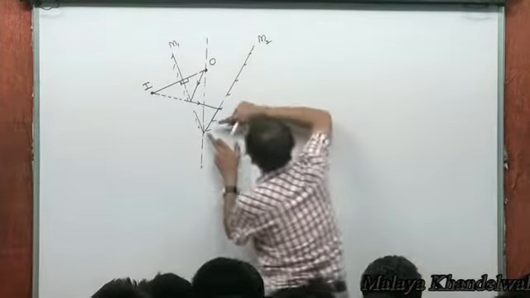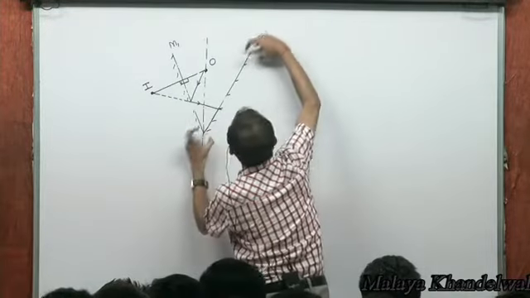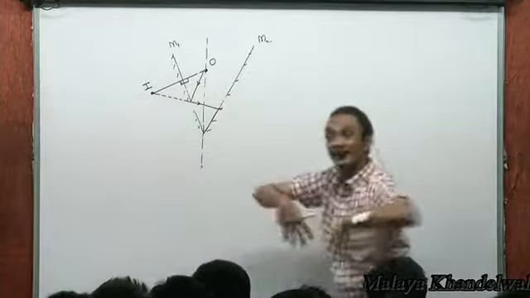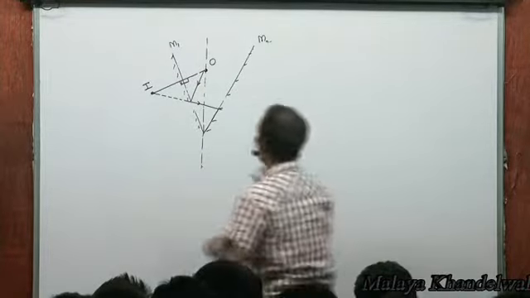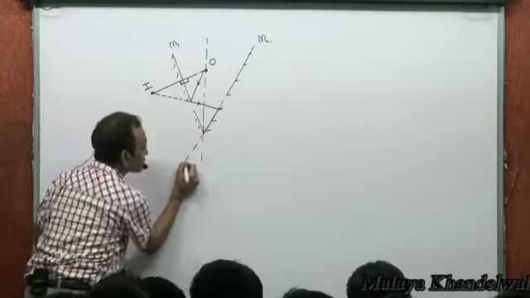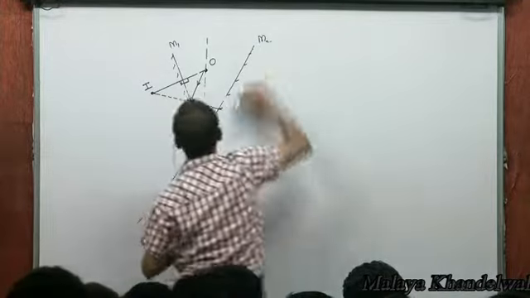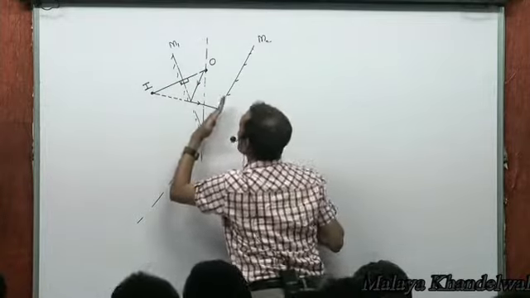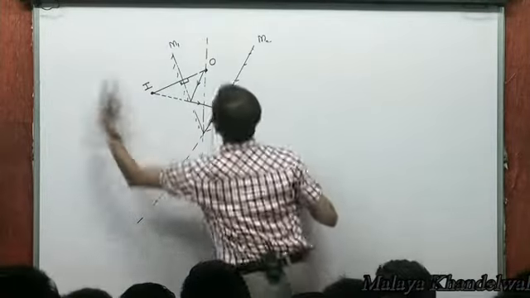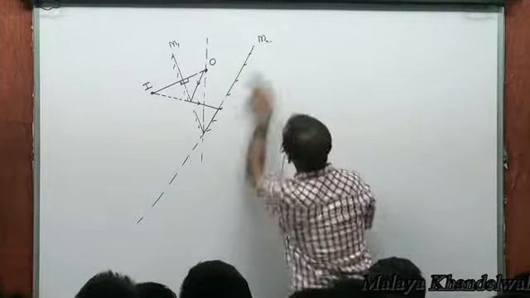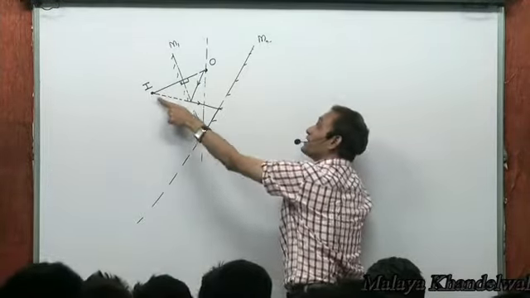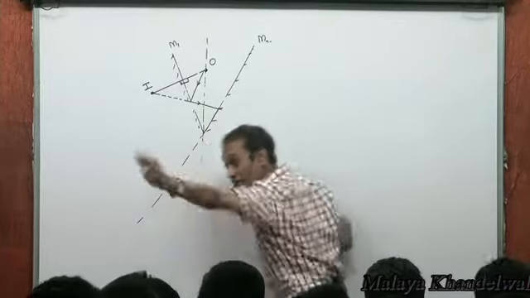That means this will happen as long as the image of I is above this reflecting surface, then it will be able to see I, yes or no? Do you realize that? See, this is the surface. Imagine this to be the entire surface. As long as the image of O, which is I, is above this dotted line, above this entire M2, then I can think of a reflected ray passing through I and incident on this, yes or no?